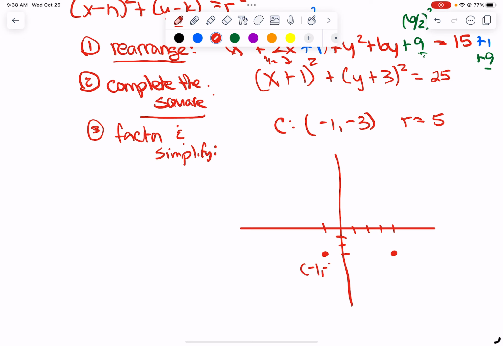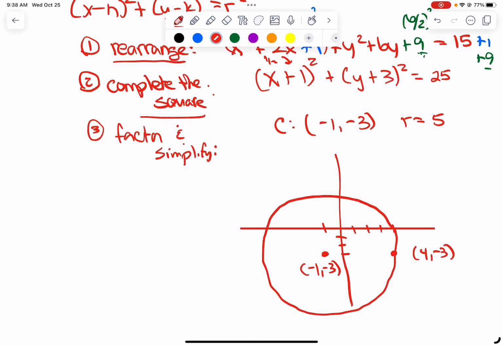So here's the center at (-1, -3). Adding 5 to get my horizontal gives me (4, -3). And then I can simply draw a circle, going all the way around. And that is how we find the center radius equation of a circle.